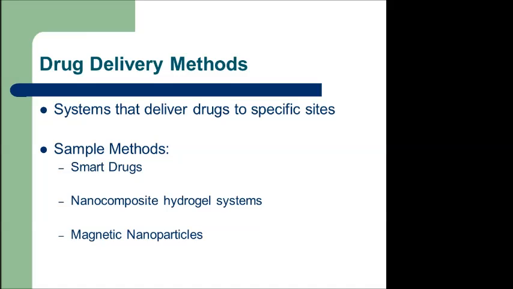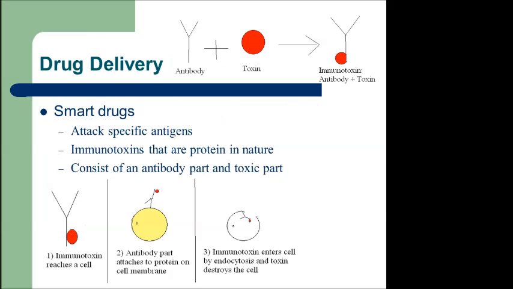Whenever an antibody with a toxin is applied, antibody plus toxin produces an immunotoxin. This is usually in smart drugs. It attacks specific antigens.